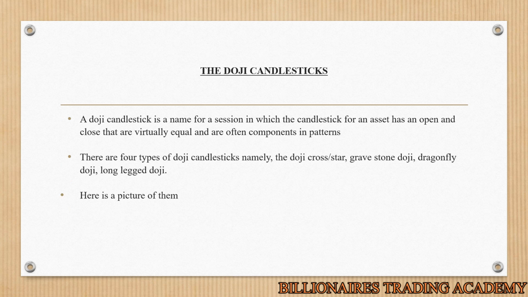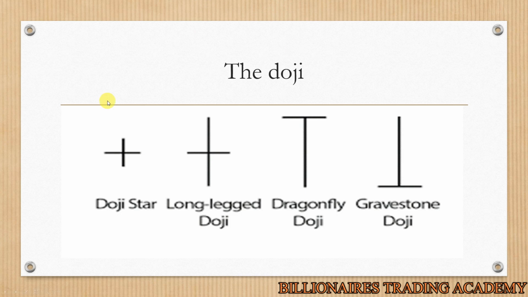The first set of reversal candlesticks are called doji candlesticks. Now, it's a Japanese name, and usually they comprise of small bodies and then wicks. So there are four types of dojis that we're going to discuss, and here they are. We have the doji star, the long leg doji, dragonfly doji, gravestone doji.